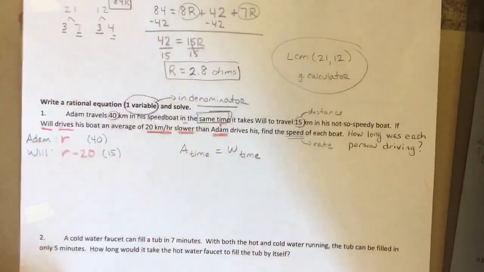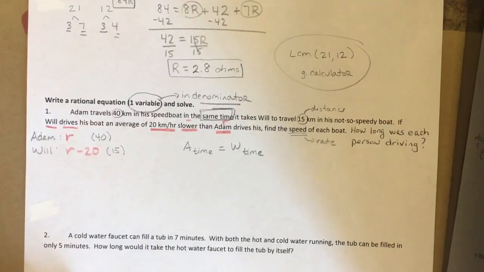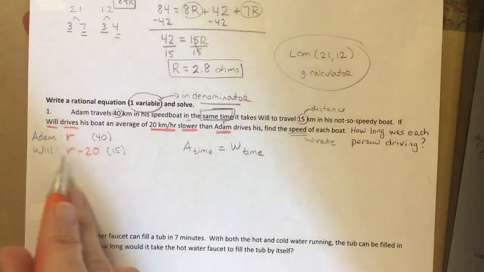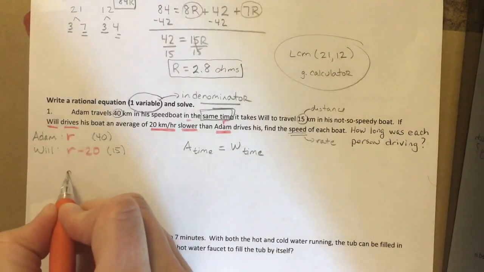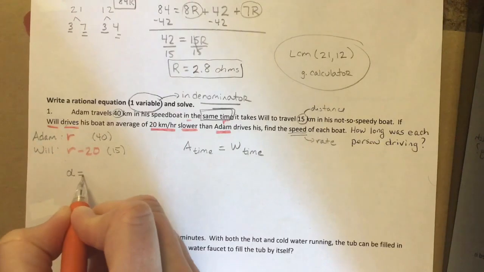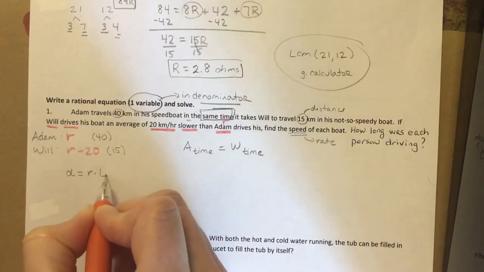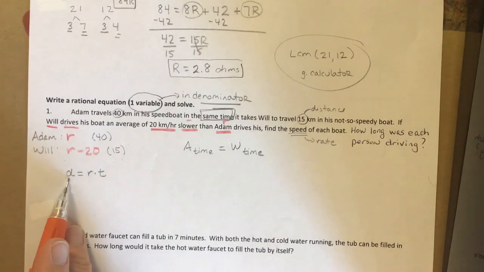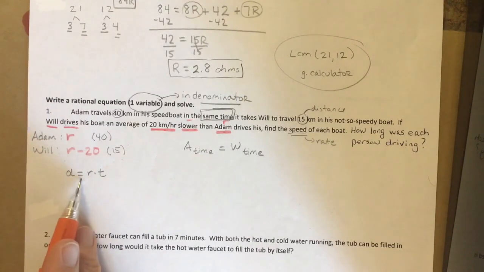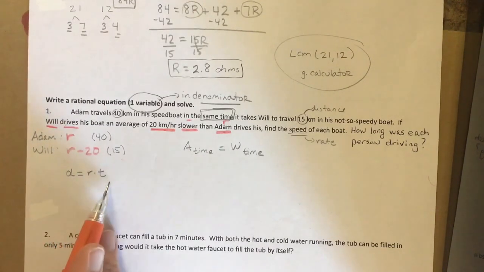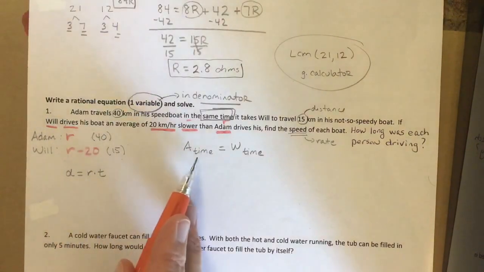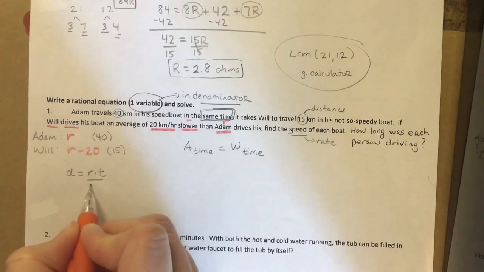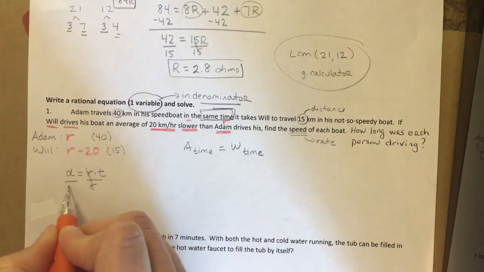So what we're going to work off of is an old equation that I know you learned at some point, and it says distance equals rate times time. How far you go can be figured out by taking how fast you're going times how long you're going. I'm going to take that and solve it for t. So I divide by rate.